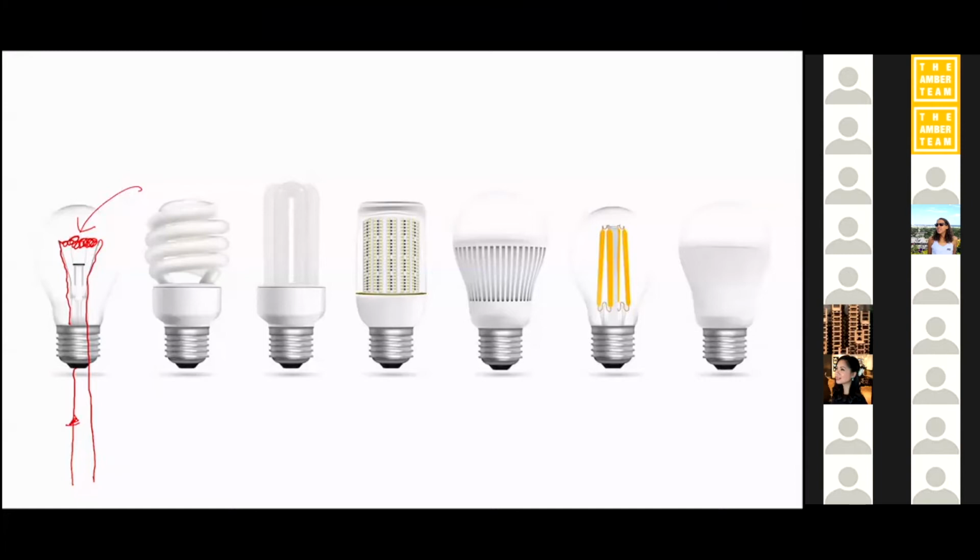And then we moved into compact fluorescence. These are ballasted compact fluorescents because they have a ballast here, which means that we can screw it into an Edison socket, just a regular household 120-volt socket.